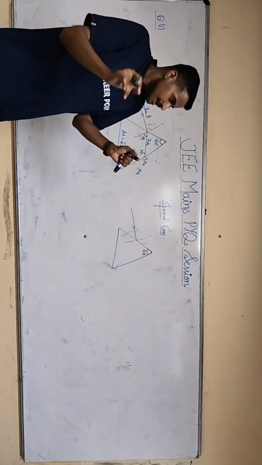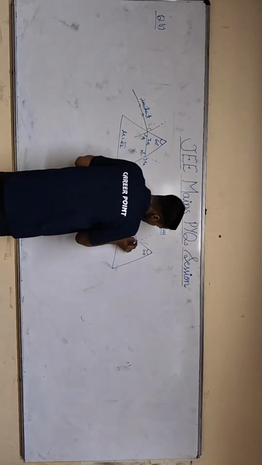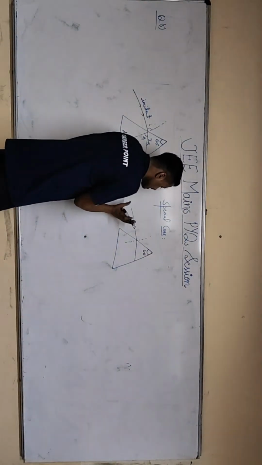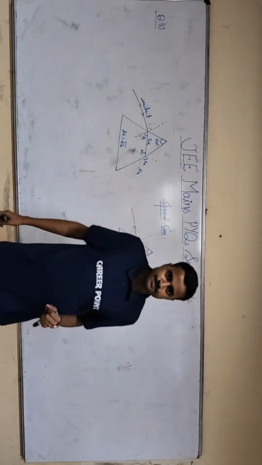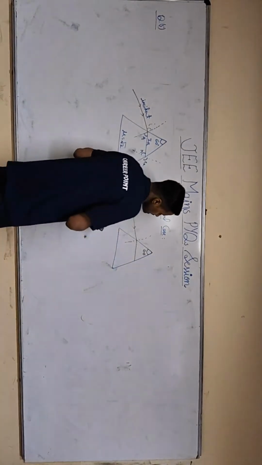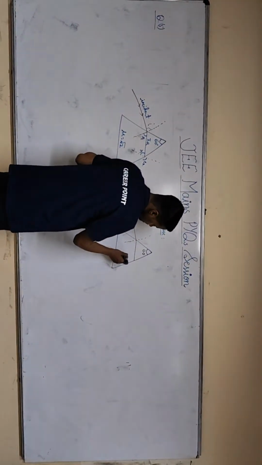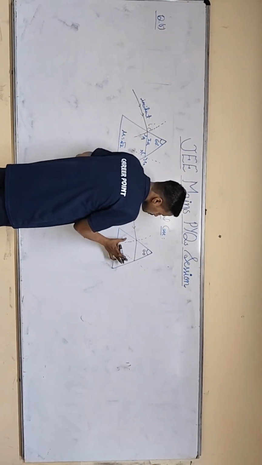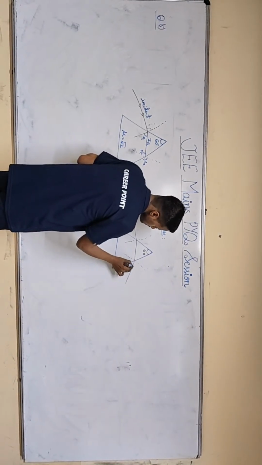There is deviation, but it is very small. The light ray goes parallel to the base inside the prism. Going from rarer to denser medium it bends towards the normal, but only a little. Then, going from denser to rarer medium, it bends away from the normal.